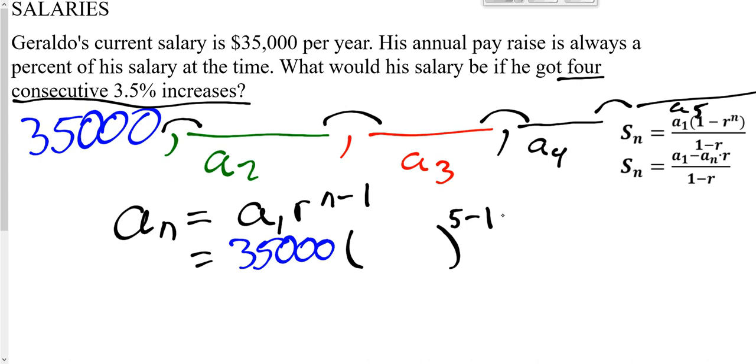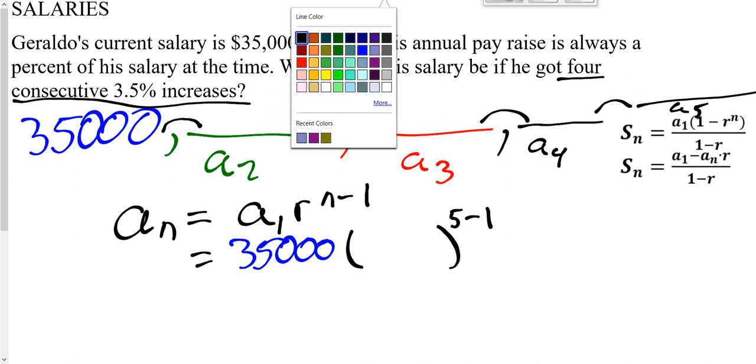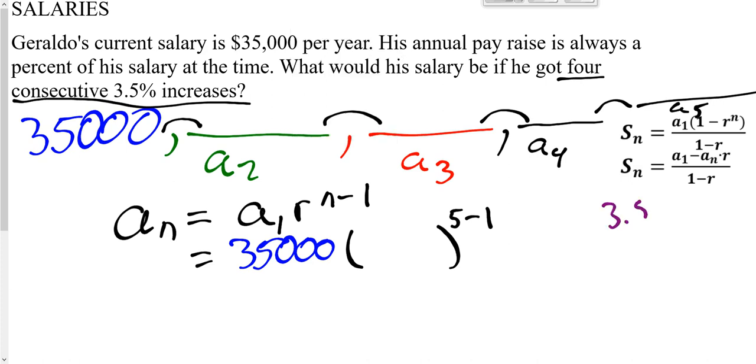We needed to have 4 increases of that. Now, your R, we need to take this, which is a percent, turn it into a decimal, which is 0.035. You got to move your decimal point 2 spots.